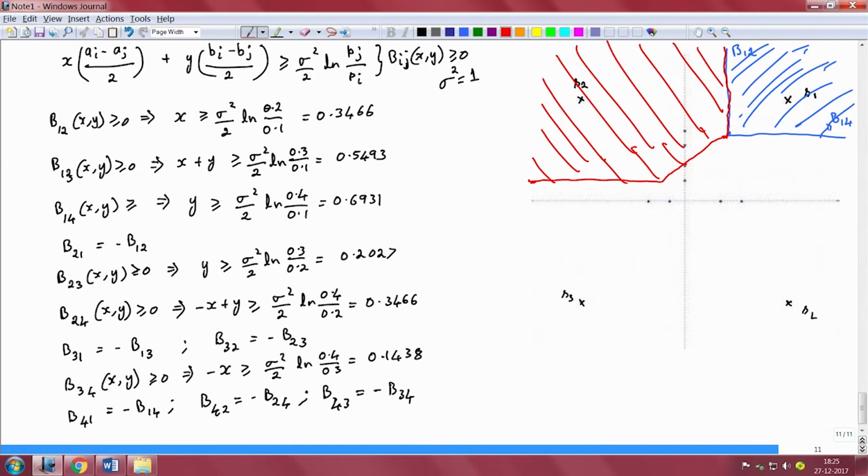Similarly, for S3 I will use a different color. So, between S2 and S3 we already have this boundary. Between S3 and S1 we have a boundary which goes like this, and between S3 and S4 the decision boundary is 0.1438.